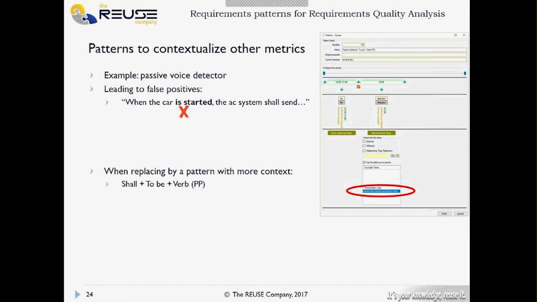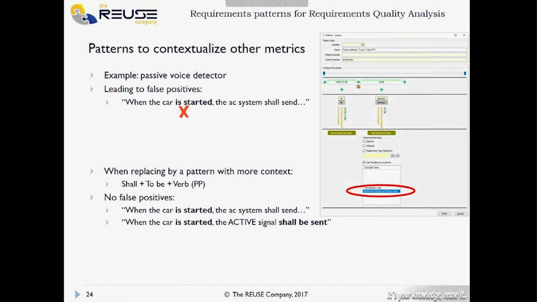However, if you have a broader context, including the shall, this is exactly what, in my opinion, is a problem: passive voice when it comes with the shall. So you just change your pattern, providing the shall as the context for the passive voice, and then in this case you will find that the beginning, when the car is started, will not be recognized as passive voice. However, if you see the active signal shall be shown, this is really a passive voice.